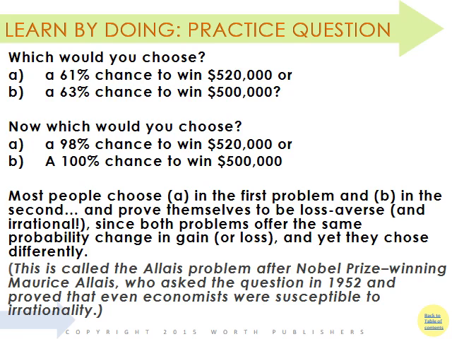In this example, you can see that if you calculate the expected payoff, 61% chance of winning 520,000, the expected payoff is 317,200. The expected payoff here is 315,000.